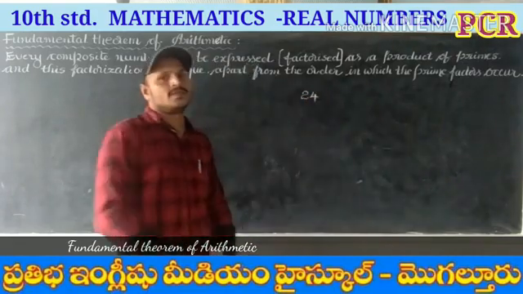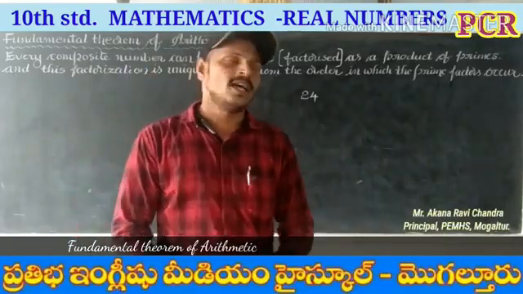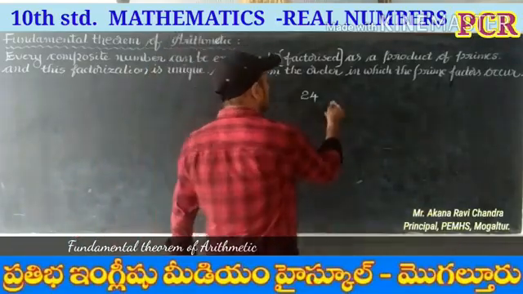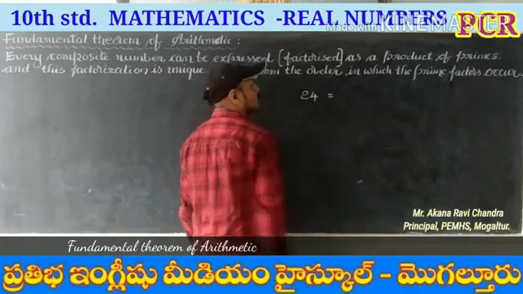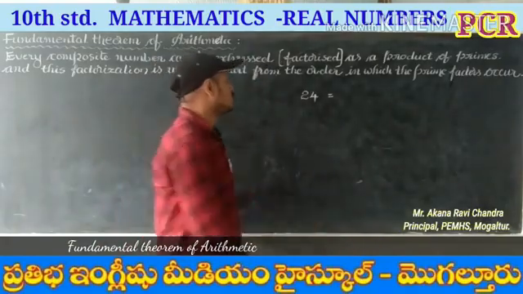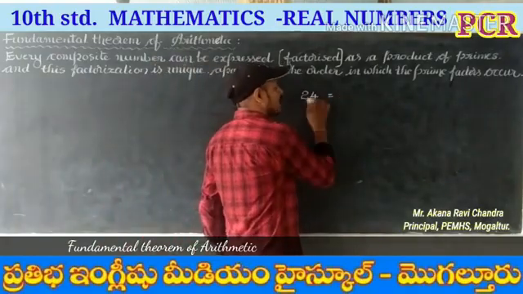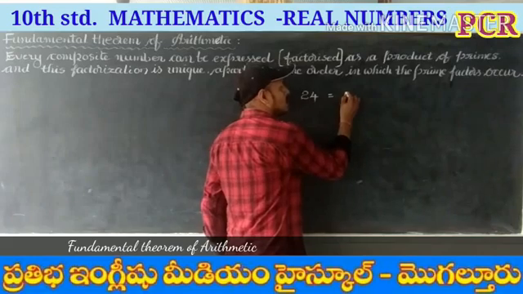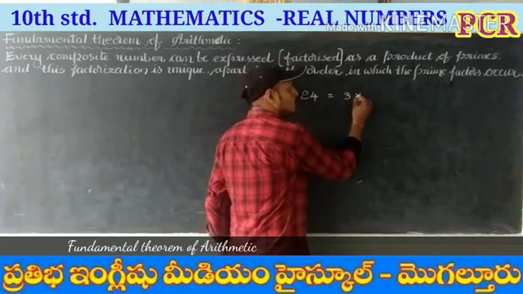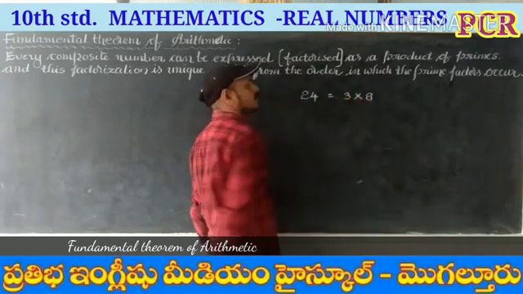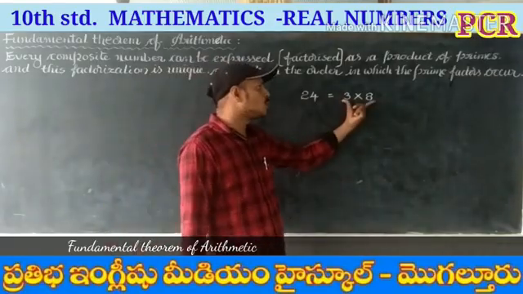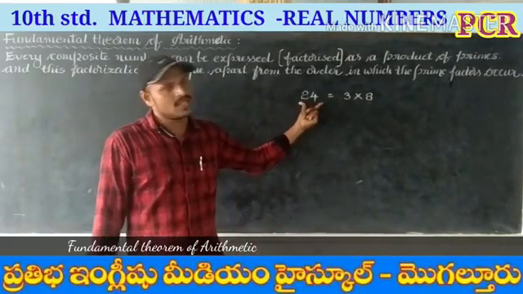Take 24. We can write 24 as the product of two numbers. Any two numbers? We can write 24 as 3 into 8. That means the product of these two numbers gives 24.